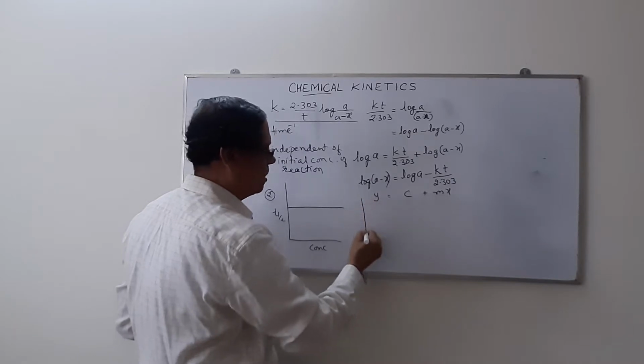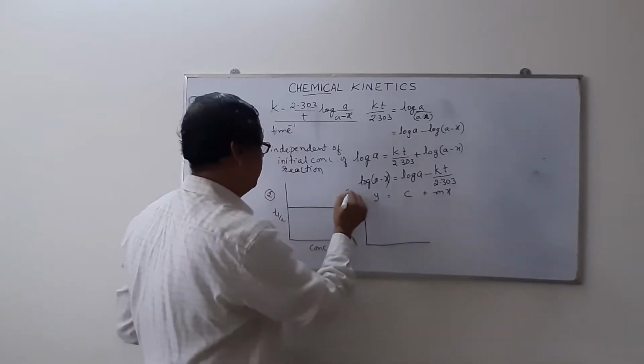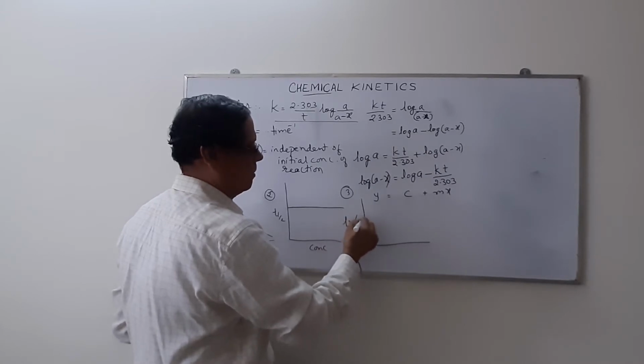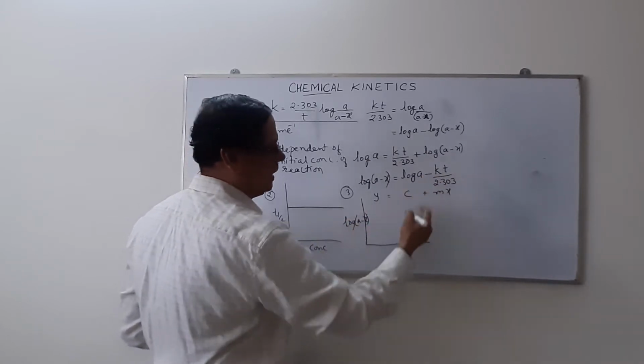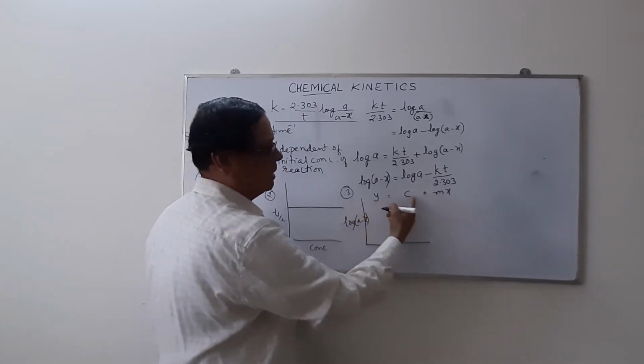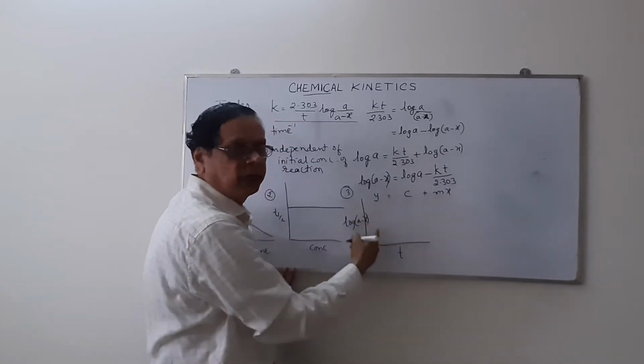Now I am drawing this third graph, log of a minus x versus t. Then this is y is equal to mx plus c, that form.